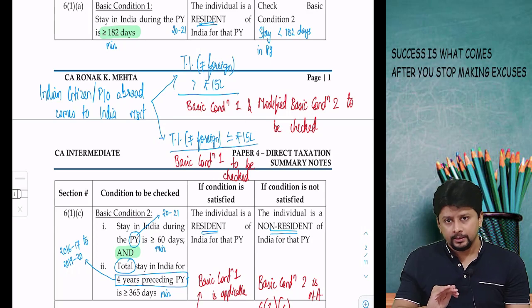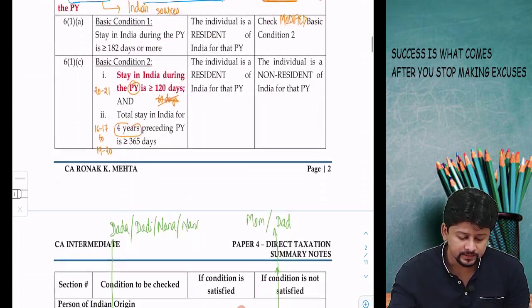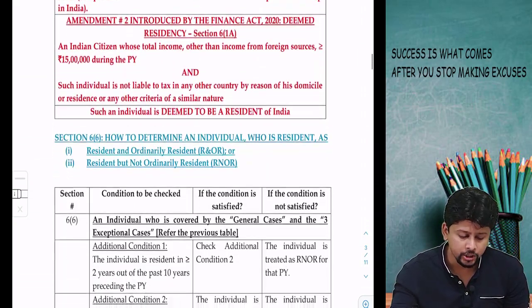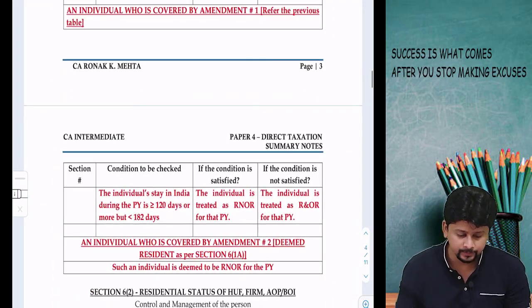Related to this amendment, there is another amendment created for determining somebody as ordinarily and not ordinarily resident. Okay, look at this.